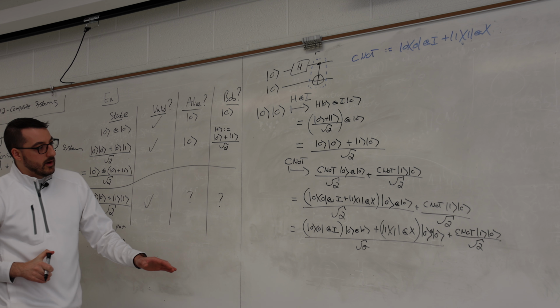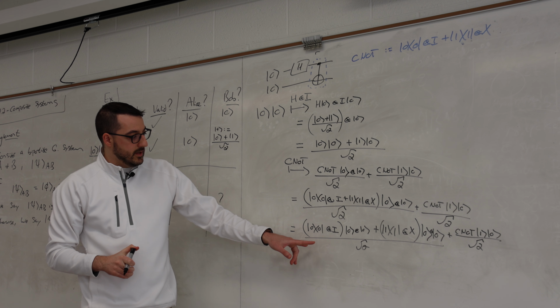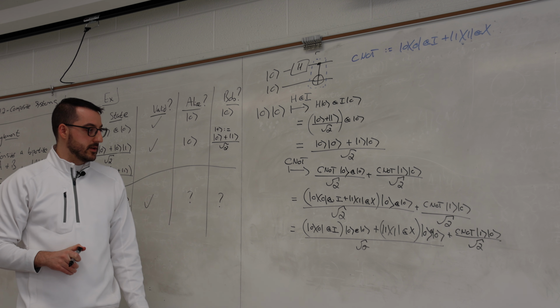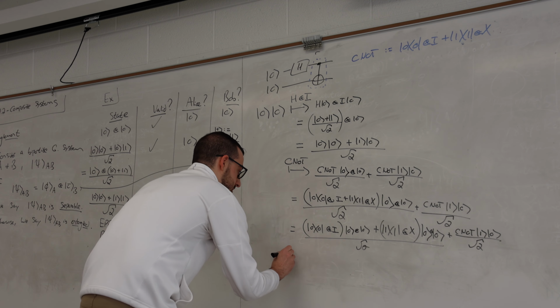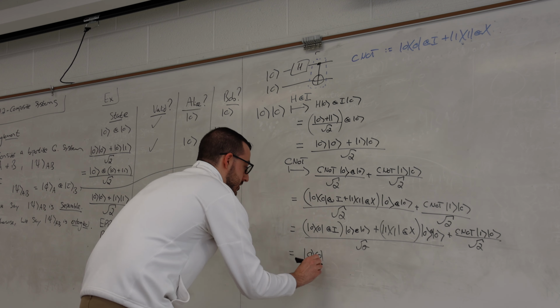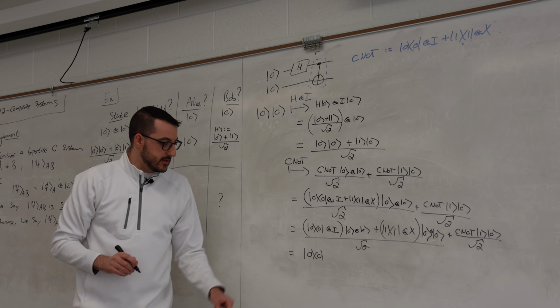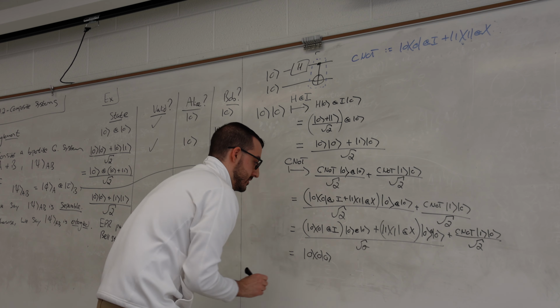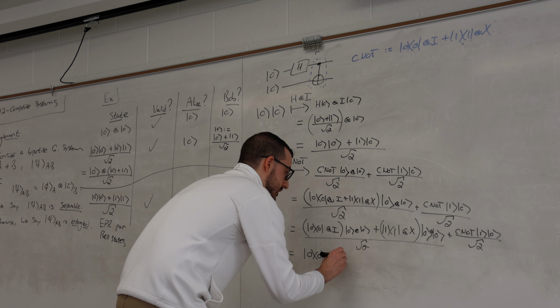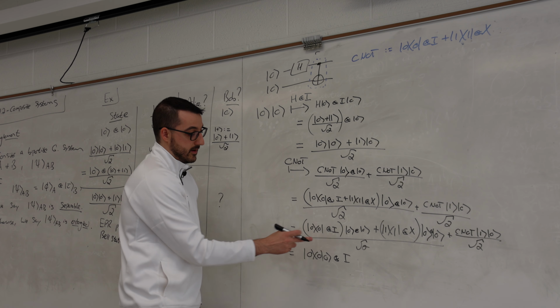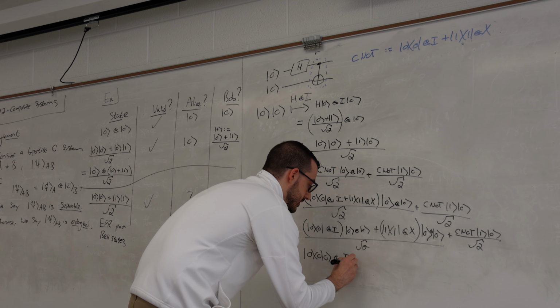Okay, so now I have to use our definition of what it means to apply the tensor product of operators to a tensor product of states. So this is going to be 0, 0 is the operator on the left of the tensor product. Ket 0 is the state, so I put a ket 0 here. And then tensor identity is the operator on the right, and then this 0 is the state on the right.